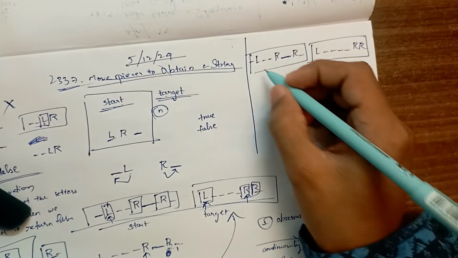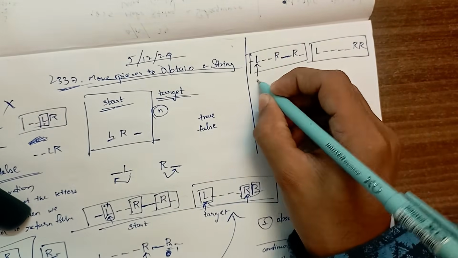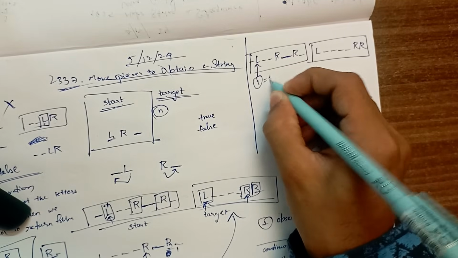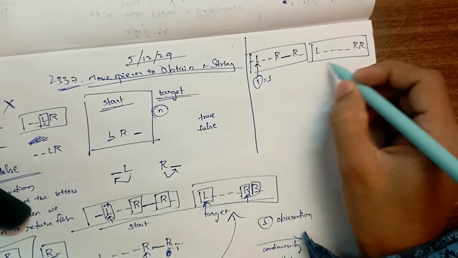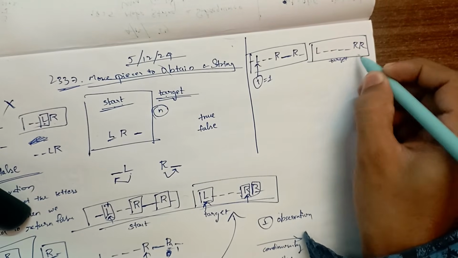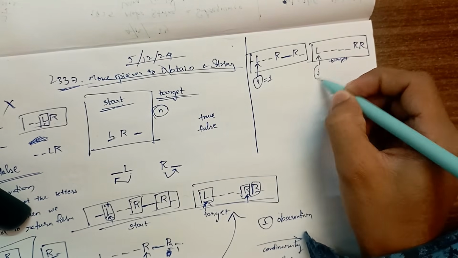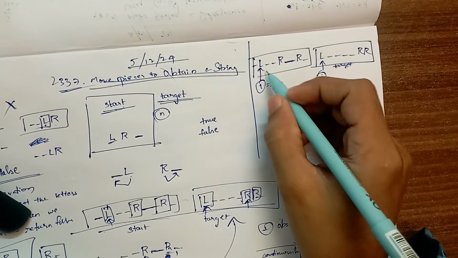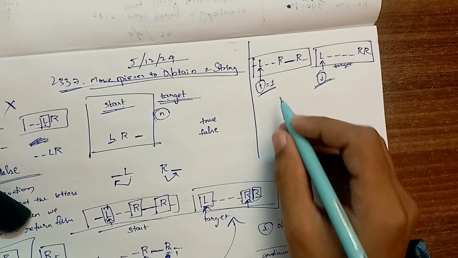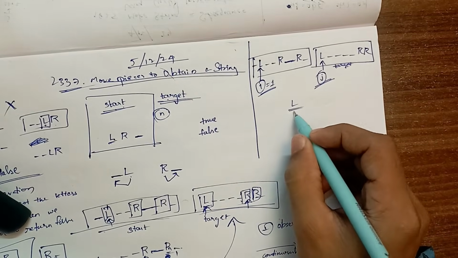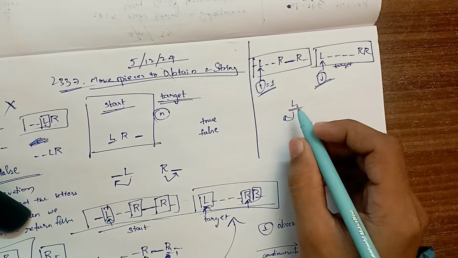If you see here, we have L at position I equal to 1. If we take the index in target as J, this J is less than I. That means L can be transformed to the left side.